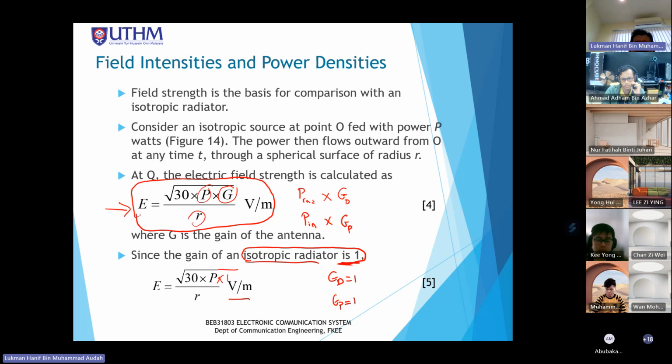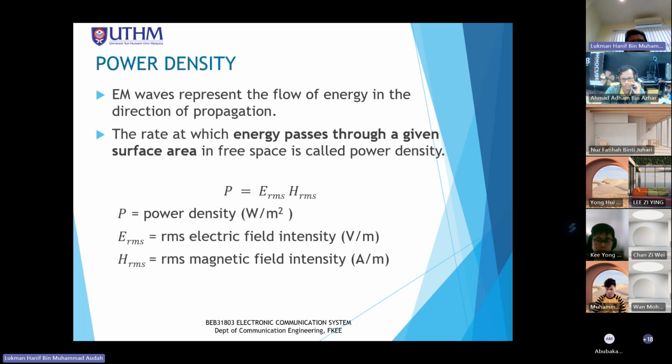And if you want to measure what we call the power density, there are a few formulas that we can use to calculate it. Power density is the power per unit area, power divided by the area, in watt per meter square.